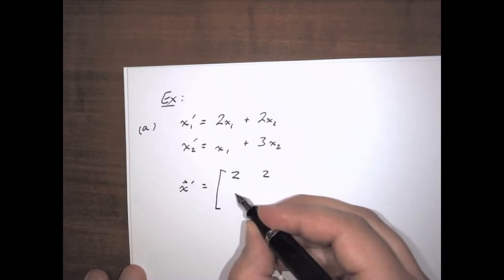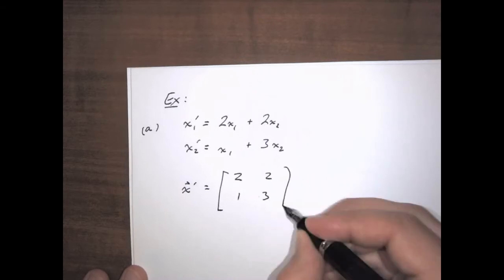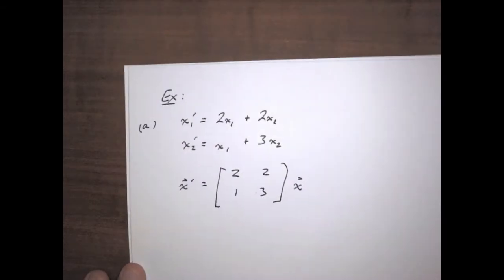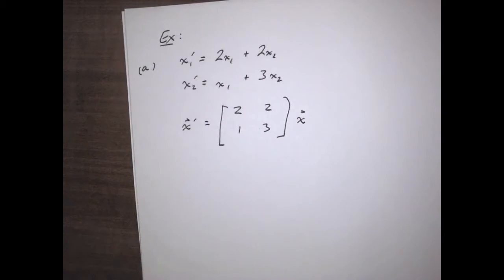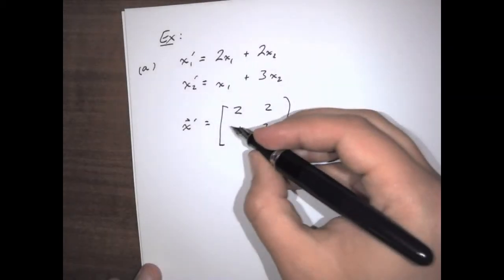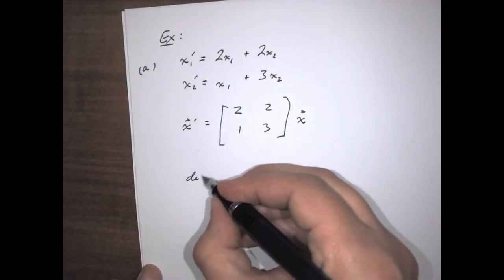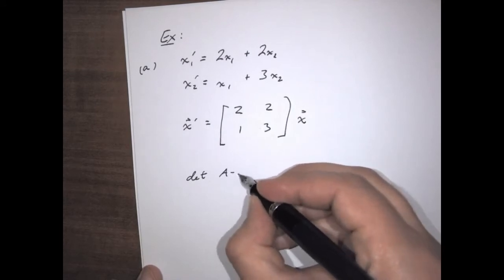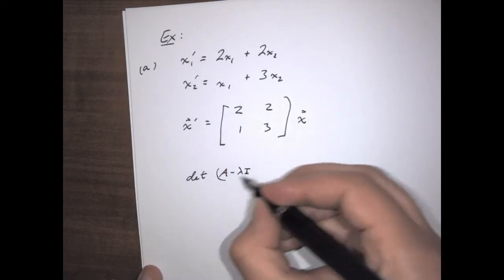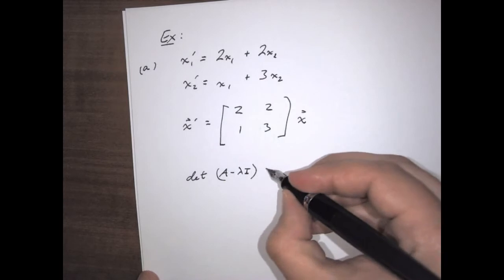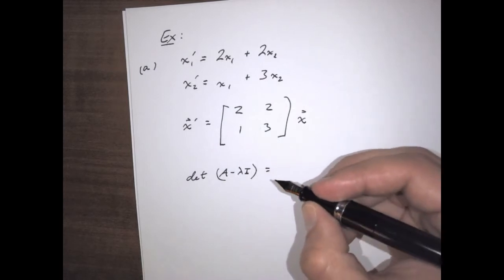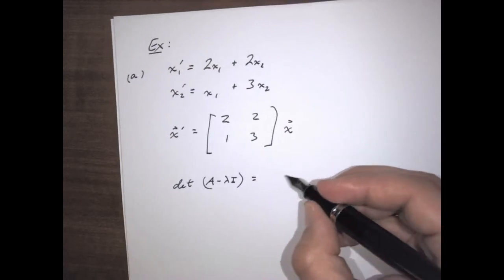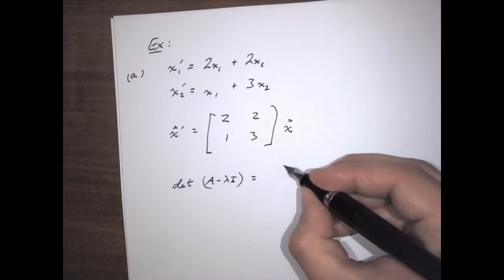So 2, 2, 1, 3 times x is what the system really amounts to. Okay, well then, the determinant of A minus lambda I, so I here is the identity matrix in usual Math 261 style.